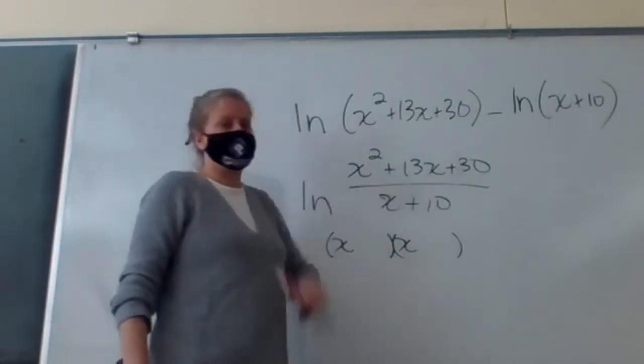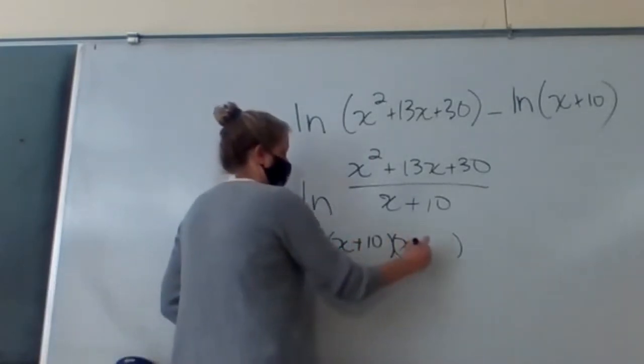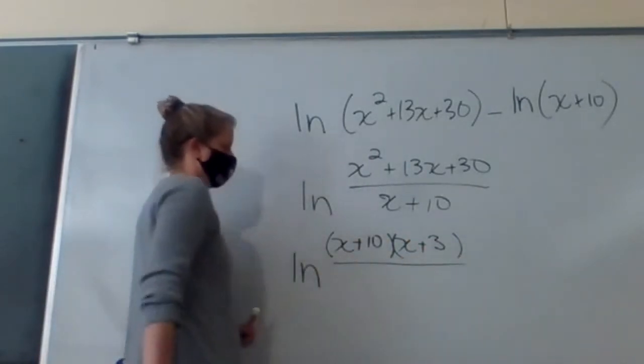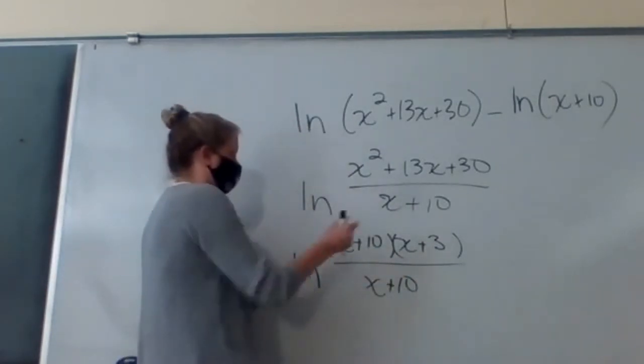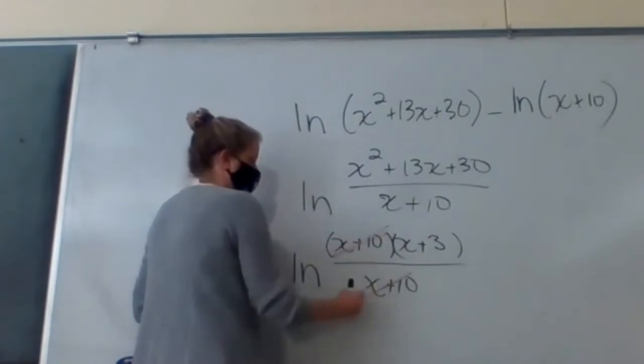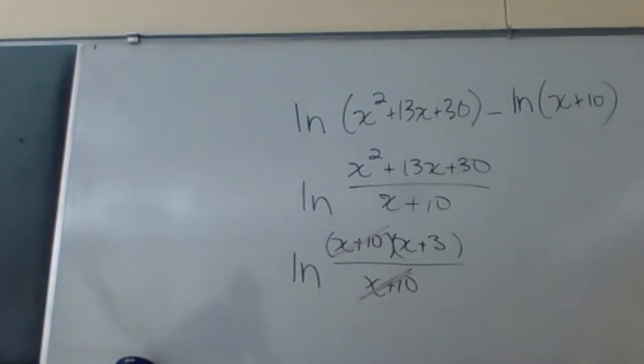Factors of 30 that add to 13 would be a positive 10 and a positive 3. If I put that over that x plus 10 in the denominator, my x plus 10s would cancel. And I would be left with that ln of x plus 3.